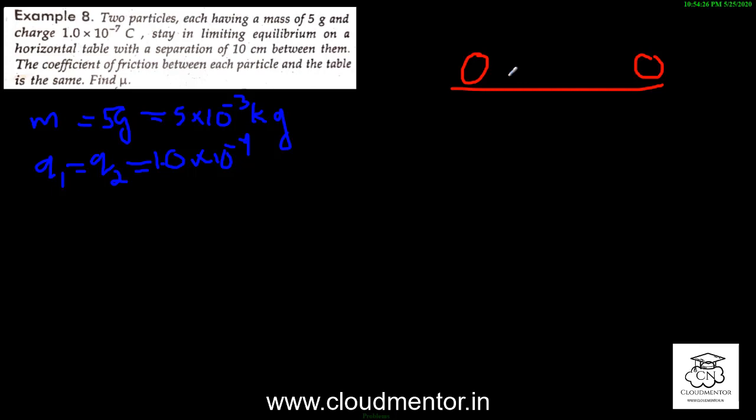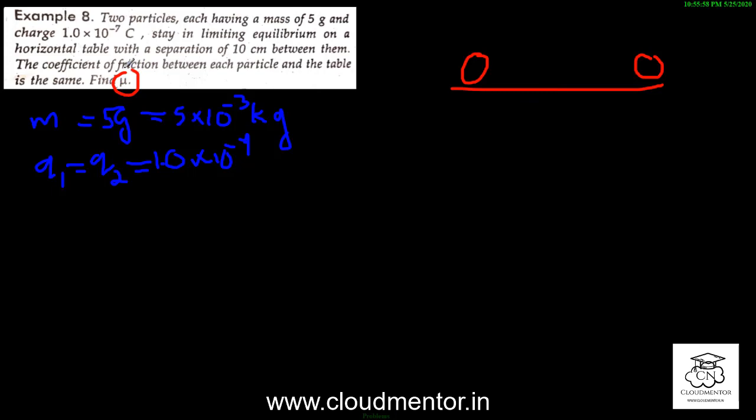So in order to be in equilibrium, the frictional force between the particle and the table must balance the electrostatic force of repulsion between them. So we need to find both the frictional force and the force of repulsion between them, and then equate them to find mu.